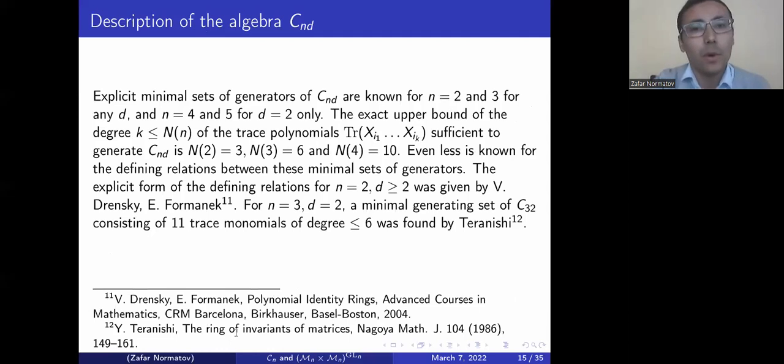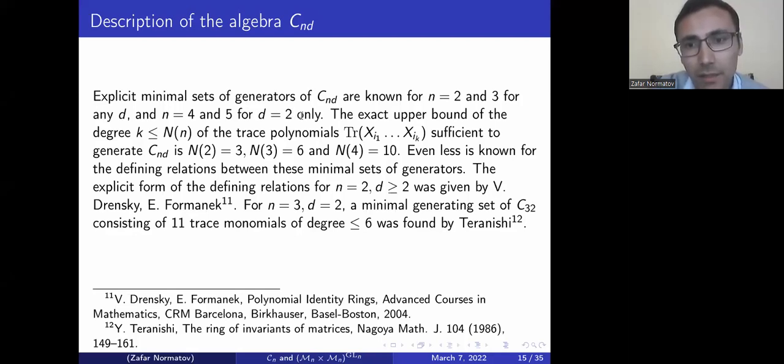Now we talk about the C_{n,d}, the GL_n invariant matrices, explicitly. Explicit minimal sets of generators of C_{n,d} are known for n equals 2 and 3 for any d, and also n equals 4 and 5 for d equals 2 only.